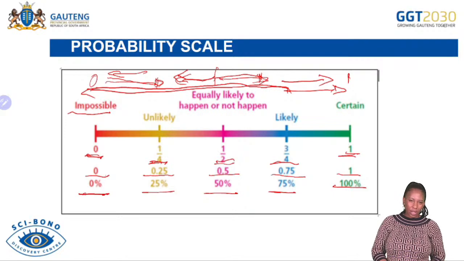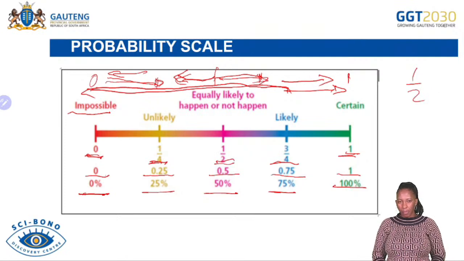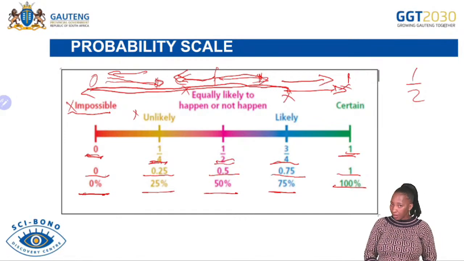When they say write your answer as a fraction, when they say leave your answer as a fraction, this is what they're expecting, a half as a fraction. And then if they say write your probability in words, then you'll be mentioning the impossible, the unlikely, the equally likely to happen or not happening, and then the likely or certain when they say in words.